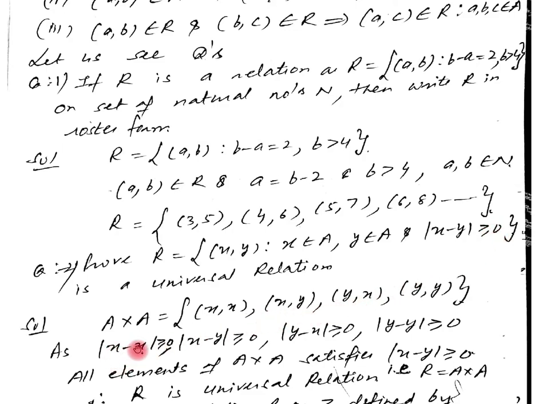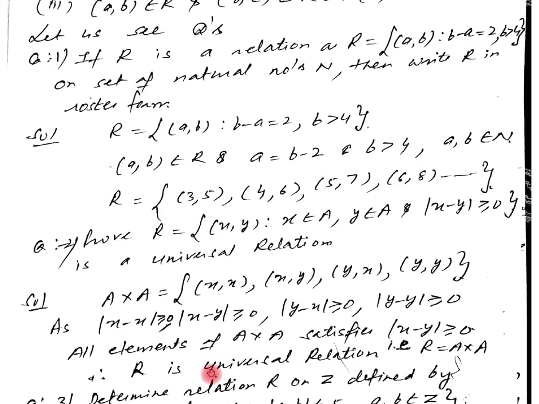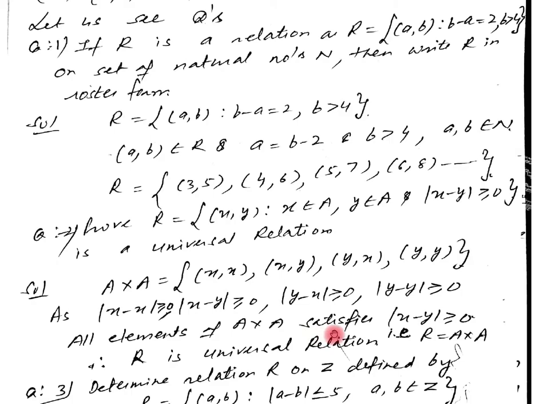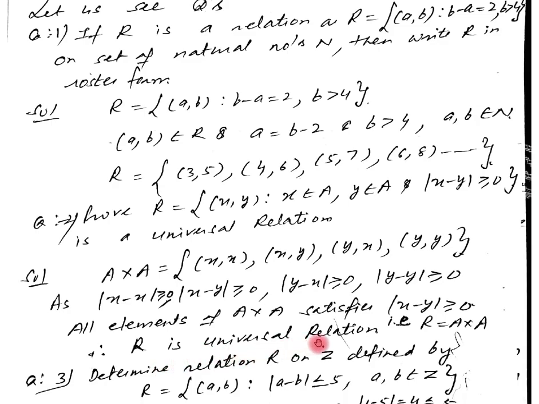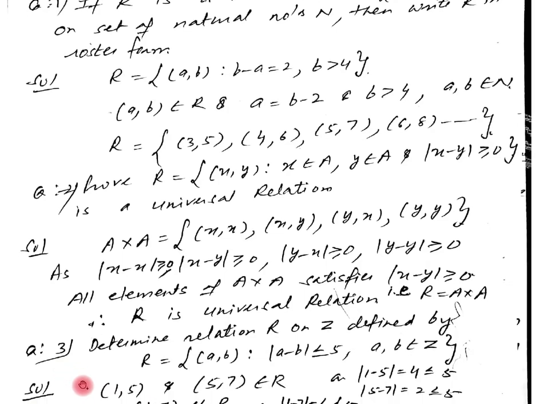Here modulus of x minus x, modulus of x minus y, modulus of y minus x, and modulus of y minus y are all greater than or equal to 0. It means all the elements of A cross A satisfy modulus of x minus y greater than or equal to 0. Therefore, R is the universal relation. It means R equals A cross A.